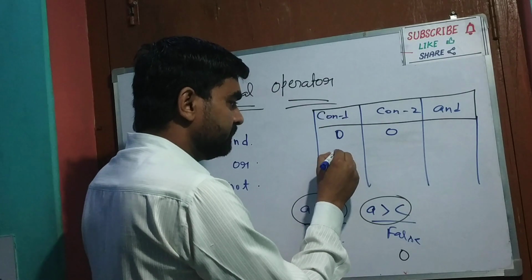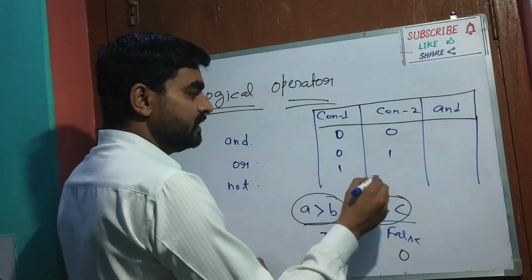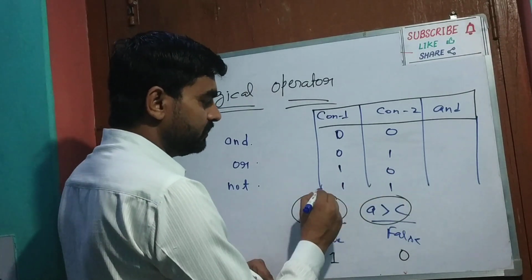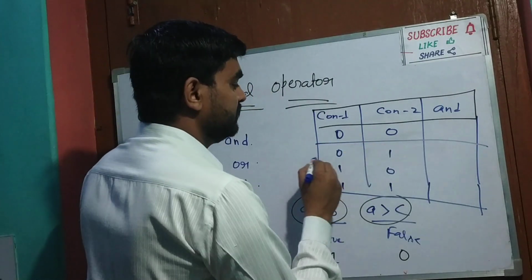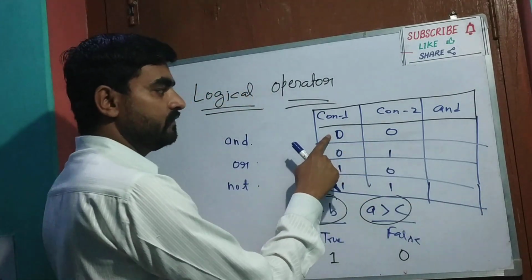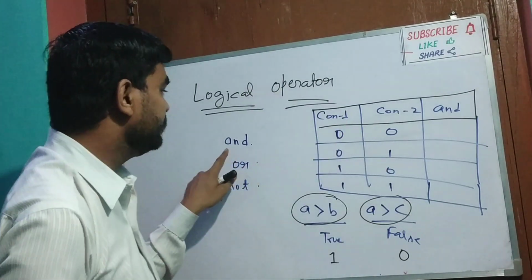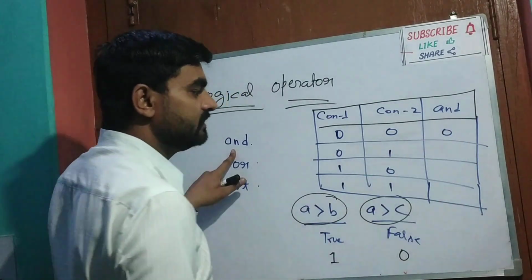Sometimes it becomes false, sometimes true. So here we get four statements. Condition first false, condition second false: when these two conditions are combined with AND, the result will be false.